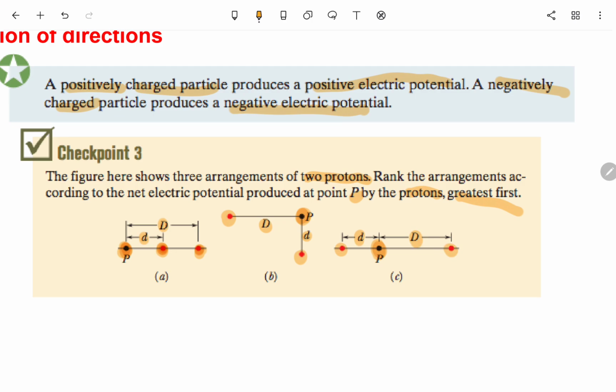Okay, so which is the largest one? Which is the greatest one? The potential at point P. Who thinks A is the greatest one?